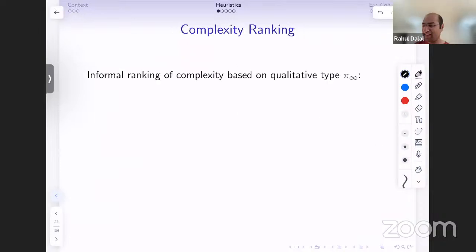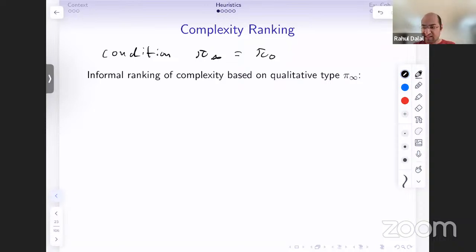So again, remember we're looking at this condition that pi infinity equals some pi naught, right? So we're looking at this particular condition of automorphic representations whose infinite component is fixed to be one particular representation.